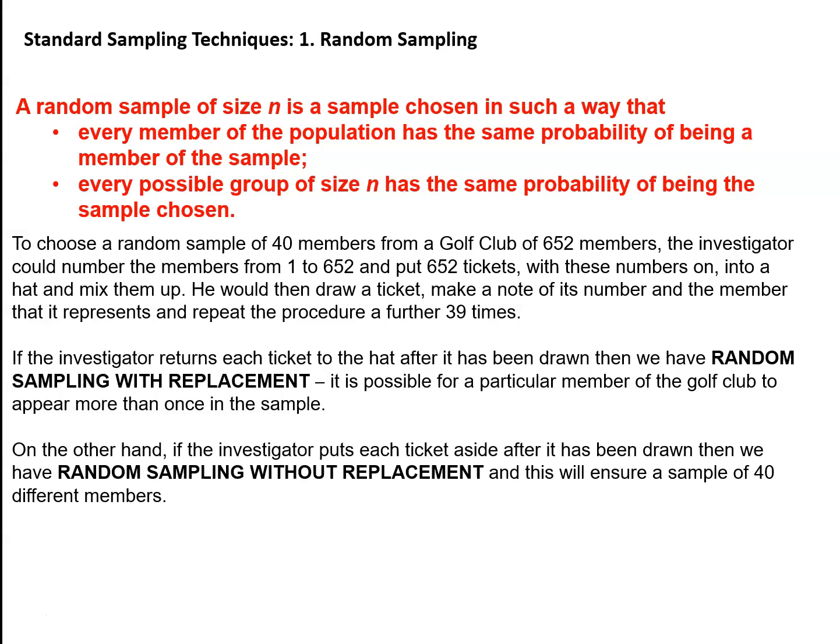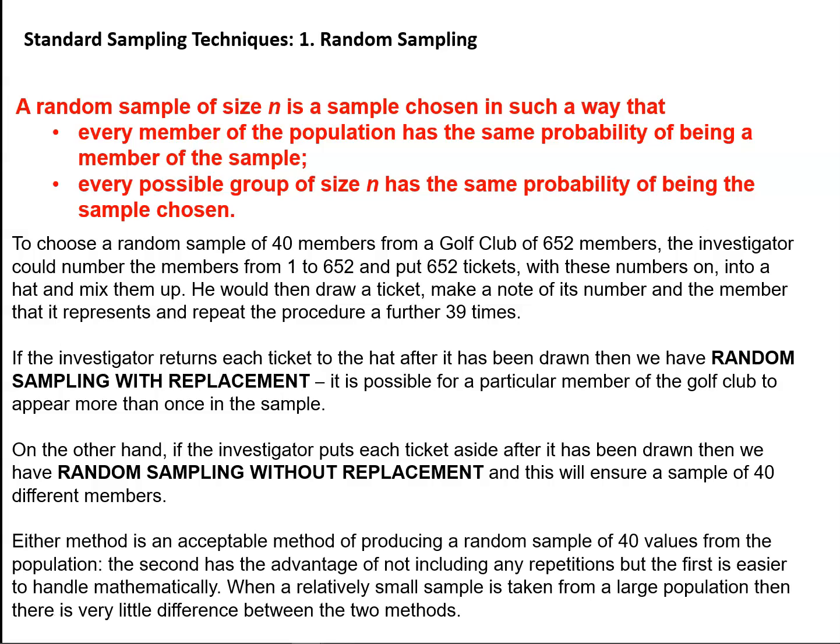If, on the other hand, the investigator puts each ticket aside after it has been drawn, then we have random sampling without replacement. And this will ensure that a sample of 40 different members is obtained. Either of these two methods is an acceptable way of producing the sample of 40 members.